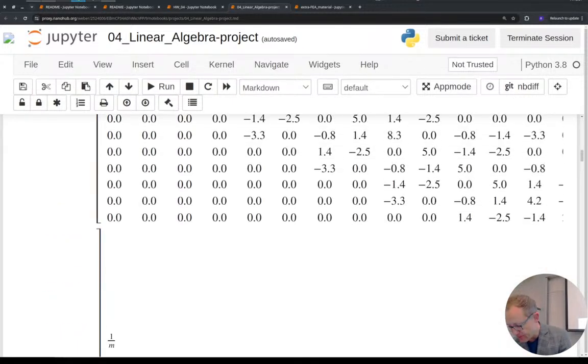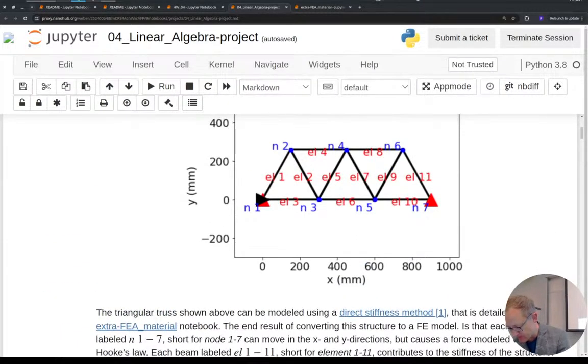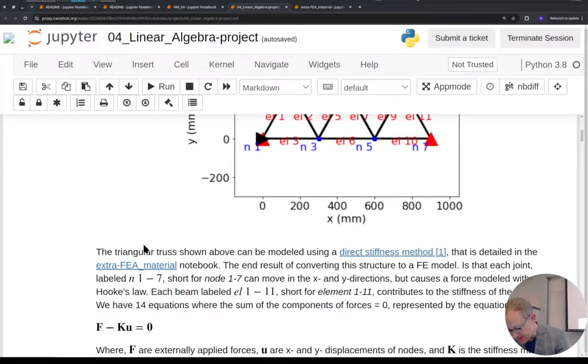All right, and then the other information that no one asked for is there's this link to extra FEA material.